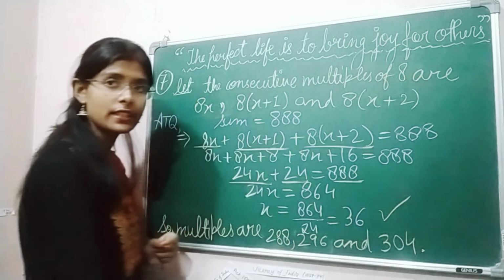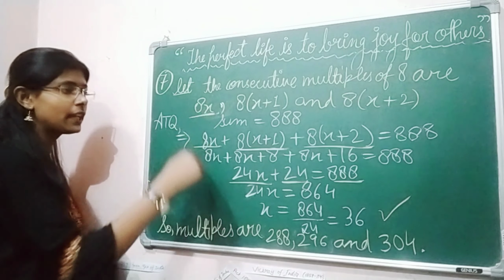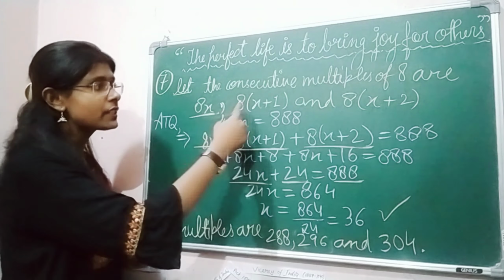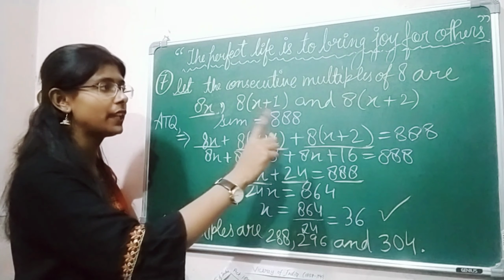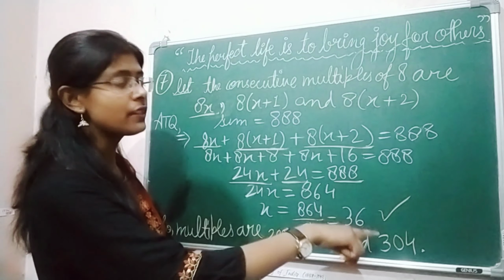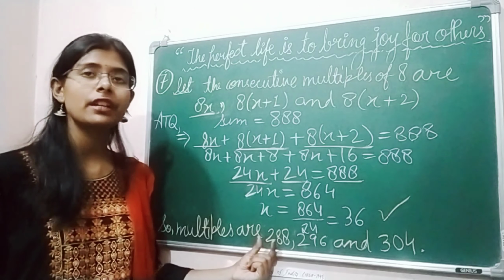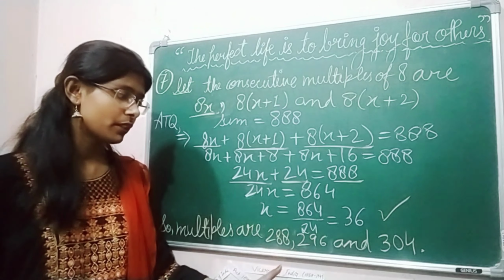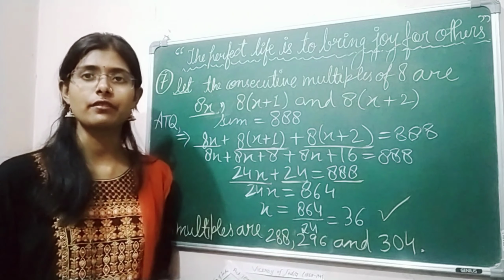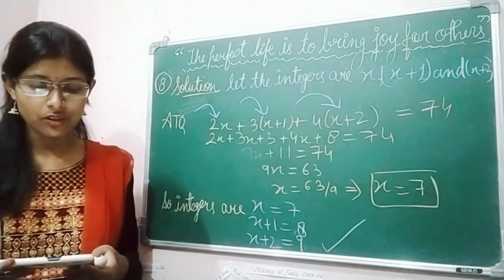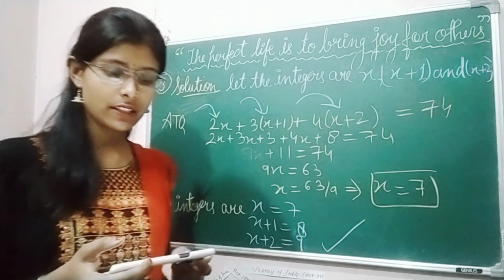So what are your multiples? 8x means 8 multiplied by 36, 288. x plus 1, which is 36 plus 1, 37 multiplied by 8, 296, and 38 multiplied by 8, that is x plus 2, and 304. You can do one more thing, that after finding 288, just add on 8, 296, then again 8, 304 as your answer.